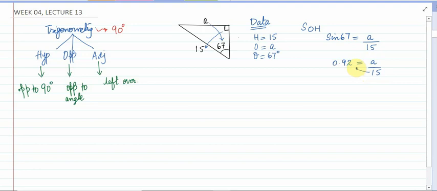You need to multiply this by 15, which gives you the answer of 13.8. So the value of A is 13.8, right? So that was an example, right? Another example, and all these examples you guys need to do.